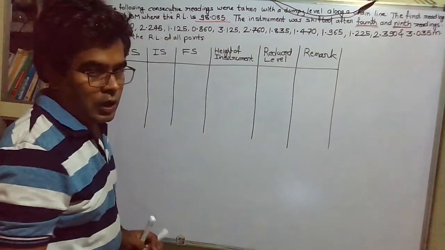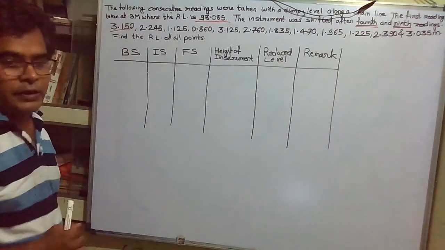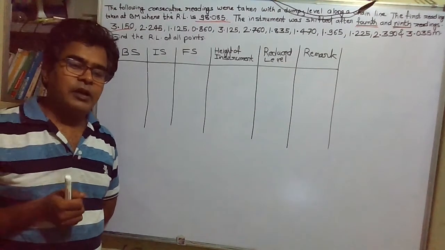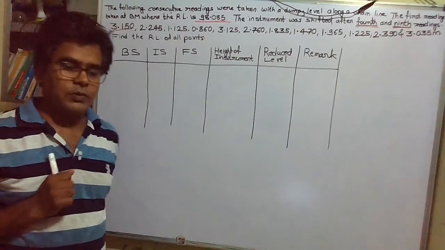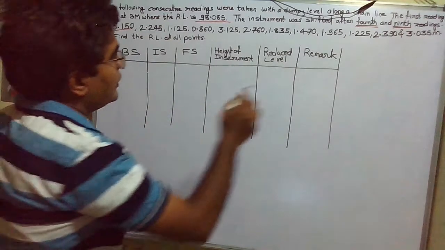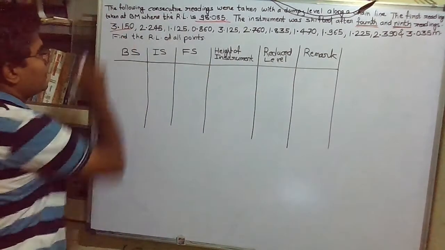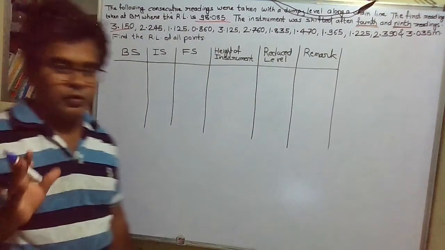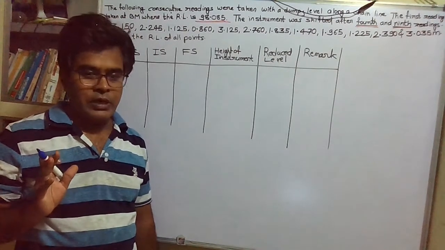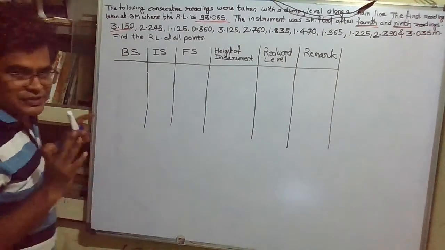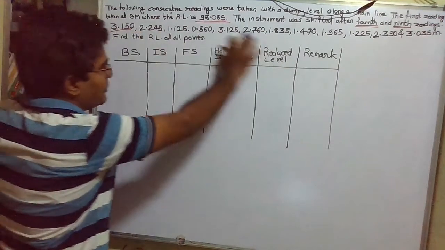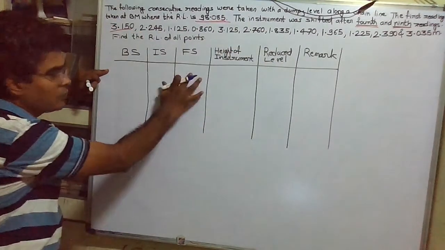So here, how to write these readings? See, we have seen definition of backside. What is backside reading? It is the first reading taken at any setup of the instrument. Okay, so the initial step is we have to write these start readings in the backside, intermediate and foresight column.